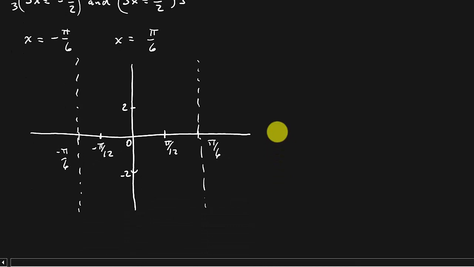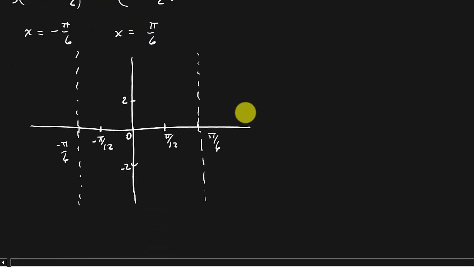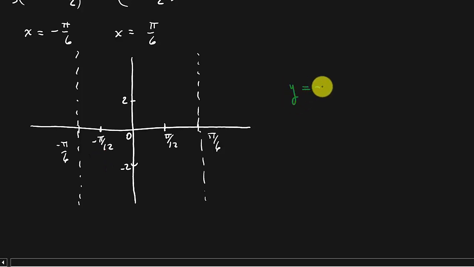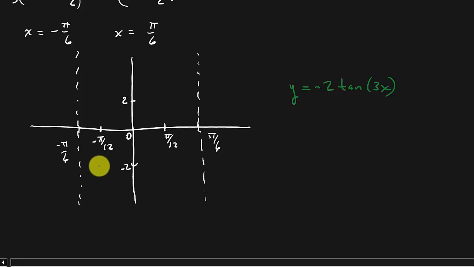All right, so we're graphing tangent now. Keep in mind we're graphing tangent. Let's write the problem: y equals negative 2 tangent 3x. So tangent starts here, but because of the negative in front, it's going to flip up to here.